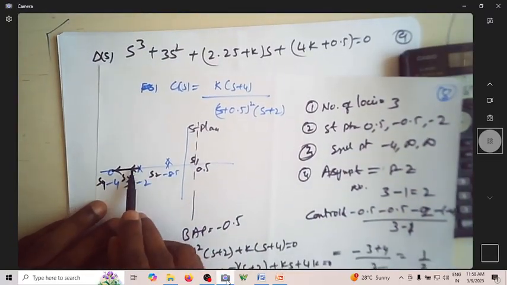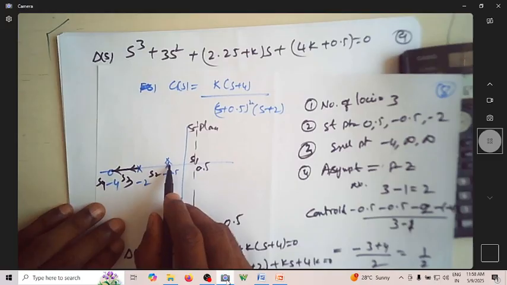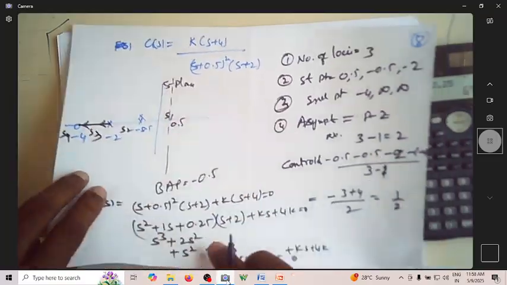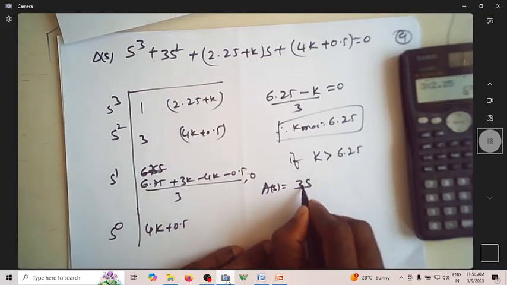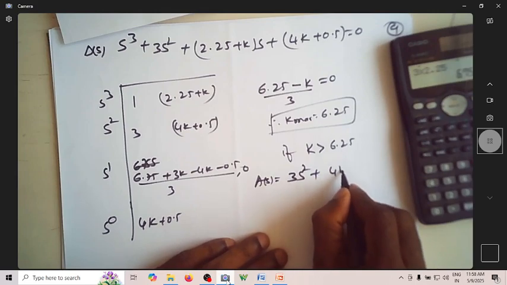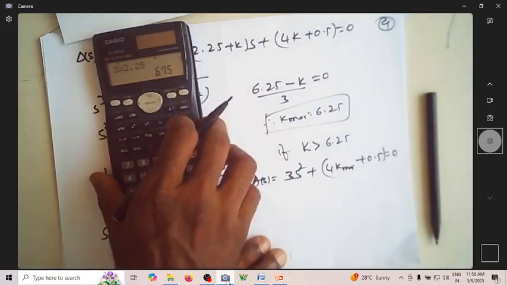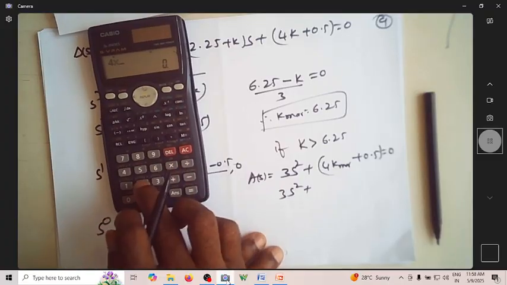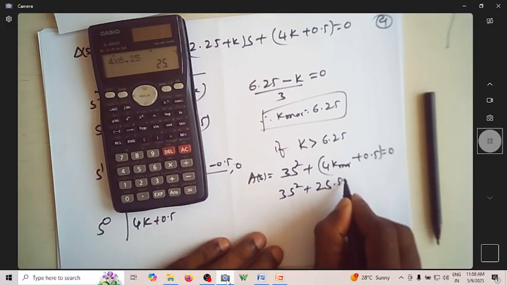So now if we come here, we know that the one which leaves at minus 2 will terminate at minus 4. The poles which are breaking at minus 0.5 will pass through the imaginary axis. Exactly what is the point where they pass through? For that we need to write the auxiliary equation, which is 3s square plus 4 times K margin plus 0.5 equal to 0. So this would be 3s square plus 4 into 6.25 plus 0.5, which is 25.5, equal to 0.